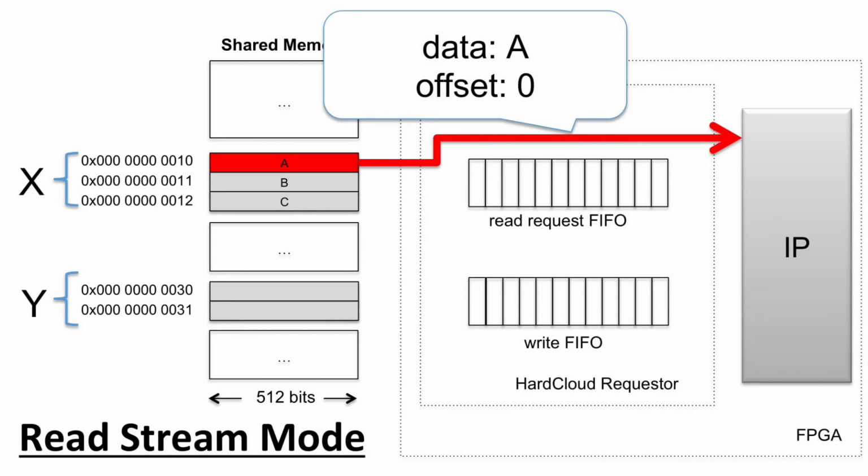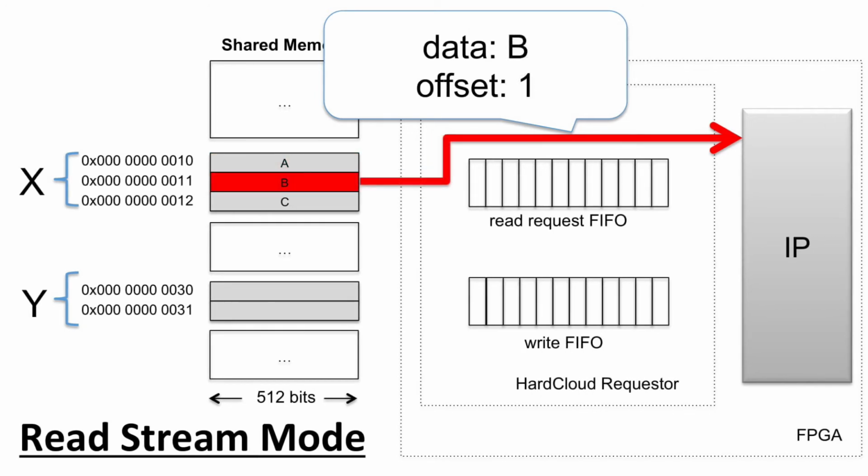After several clock cycles, the data A from offset 0 is delivered to the IP. Since the stream mode operation was selected, the next data will be from offset 1, data B. Finally, data C from offset 2.